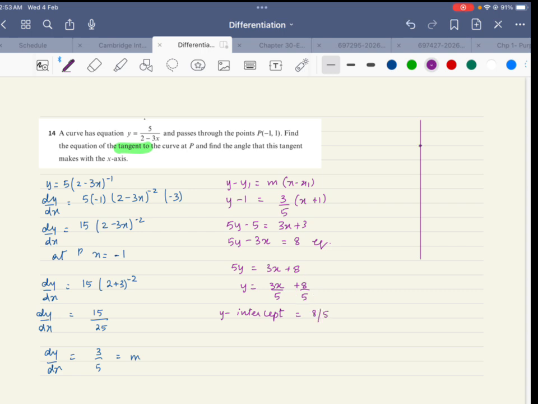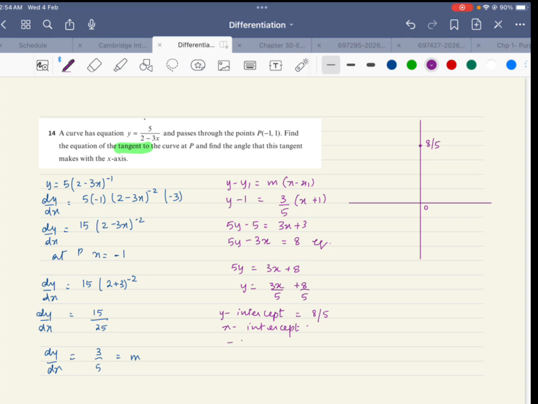Let's mark it somewhere over here, 8 upon 5, and this is the x-axis, right? So let's mark 0 over here, the origin. Now to find the x-intercept, what do we do? We put y equals 0.